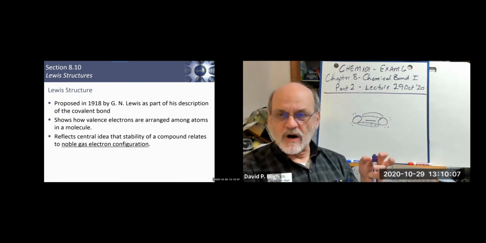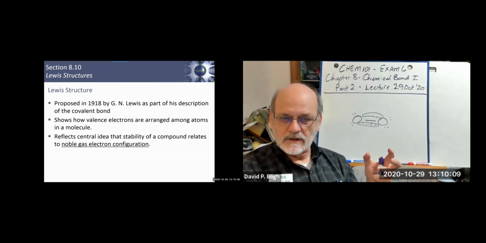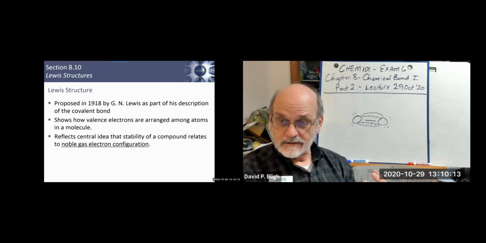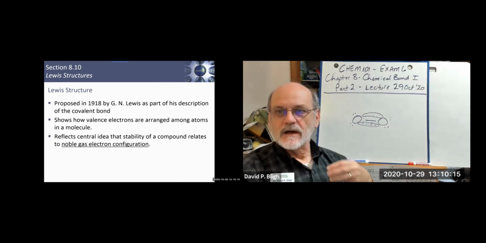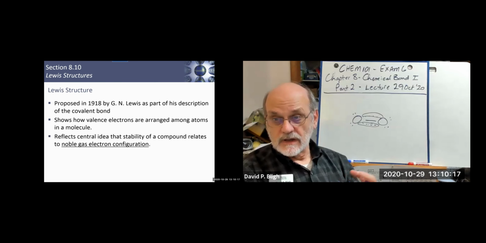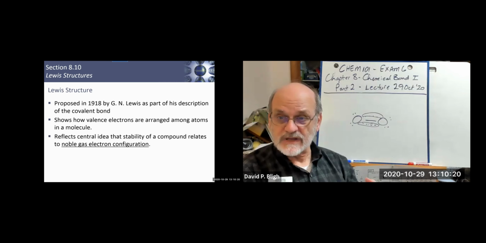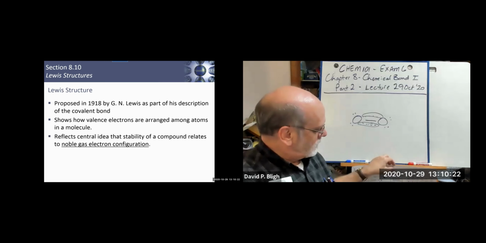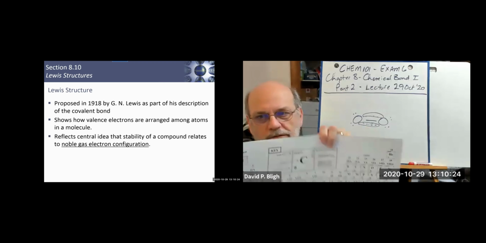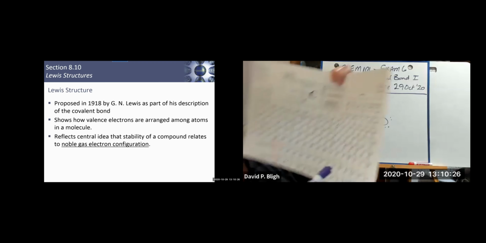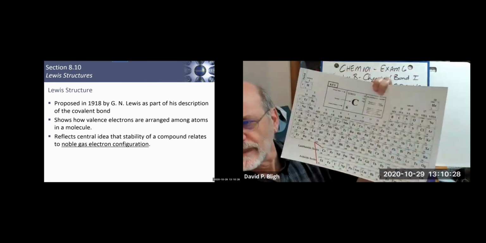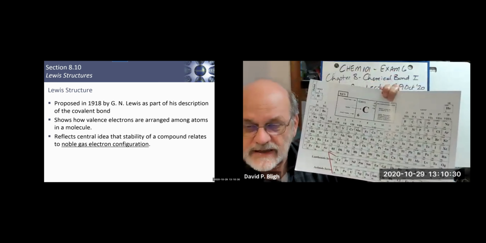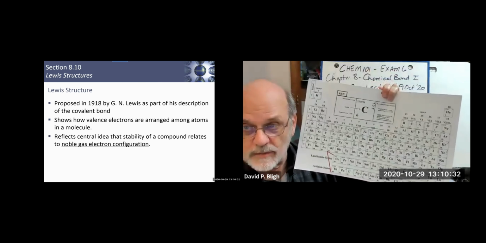And it's based upon that central idea that atoms try to attain a noble gas configuration. And a noble gas configuration means that there are, over here, 8 valence electrons in the s and p orbitals.